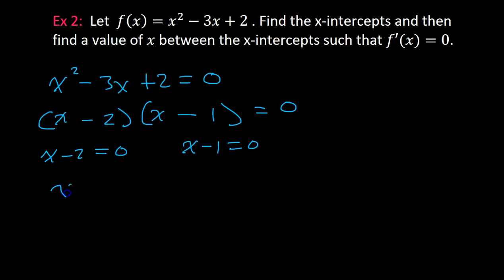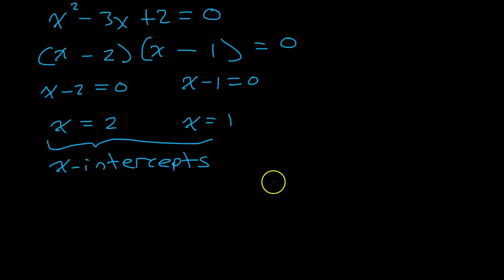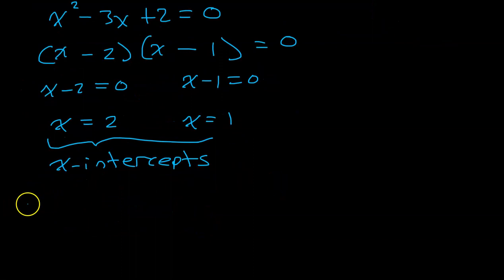So we get x equals 2 and we get x equals 1. These are the x-intercepts. Because they are the x-intercepts, by definition, that means that f at 1 and f at 2 are both equal to 0.